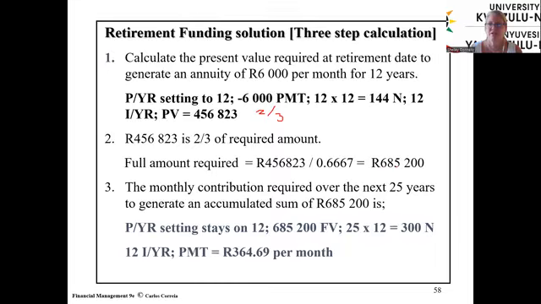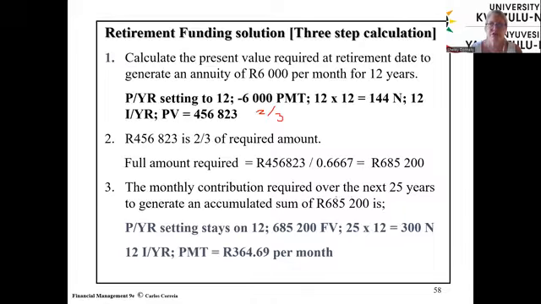And 685,200 is going to have to be sitting in that fund by retirement, 1/3 of which she'll withdraw as a lump sum. The other 2/3, which is 456,823, will stay there and be able to generate this future income for her.